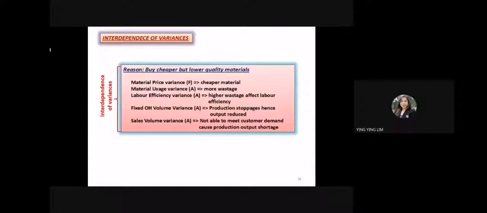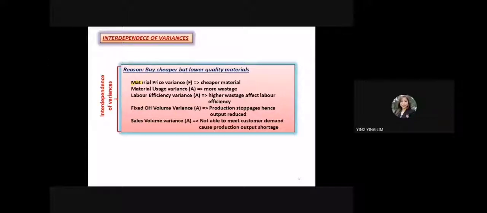Alright, so another example, if let's say I buy cheaper material which is lower quality material, how is it going to affect my material price, material usage, and labor efficiency? So we're going to look at it here.